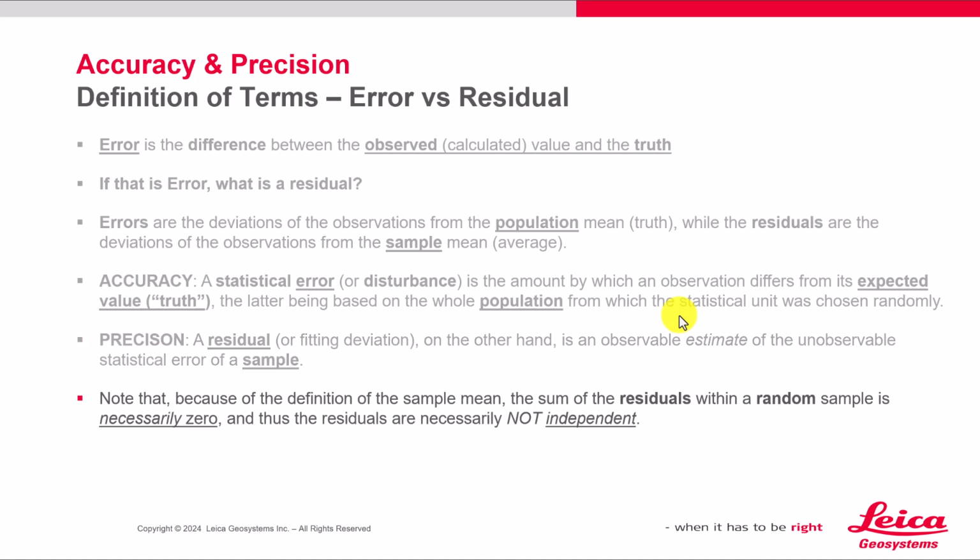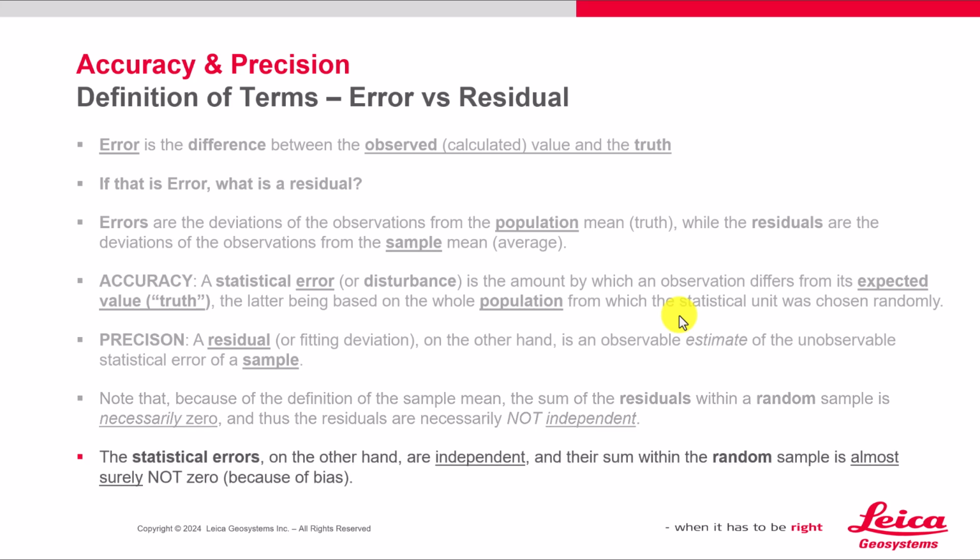And note that because of the definition of the sample mean, the sum of the residuals within a random sample is necessarily or nearly 0. It's not always, but it's pretty close. But the bad news is that the residuals are not necessarily independent, and we need an independent accuracy. Statistical errors, on the other hand, they are independent, and their sum within the random sample is almost surely not 0 because it has bias.